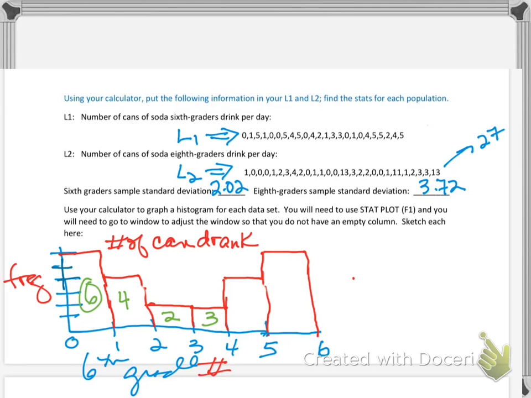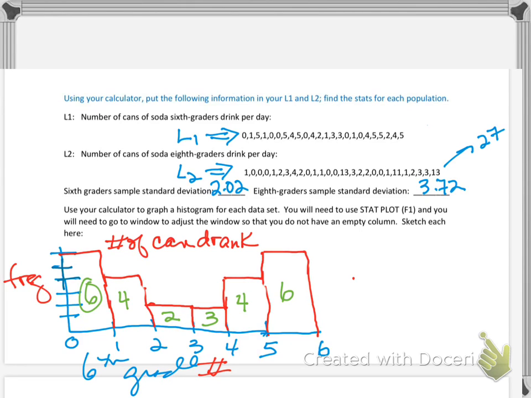Greater than or equal to 4, but less than 5, occurs 4 times. And greater than or equal to 5, but less than 6, occurs 6 times. So this is what's happening with my data and how I can present it as a histogram using my calculator and then sketching the representation from the calculator on my paper.